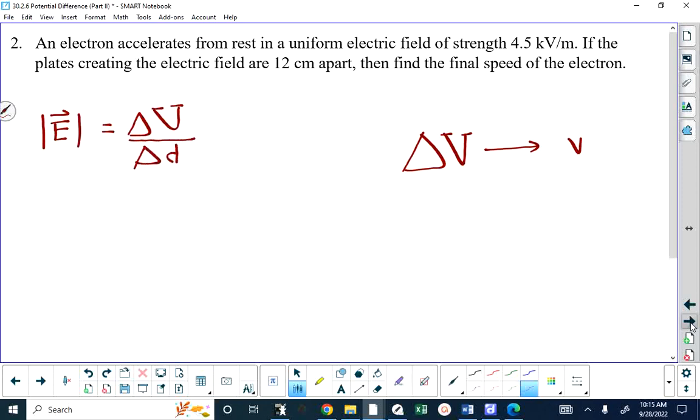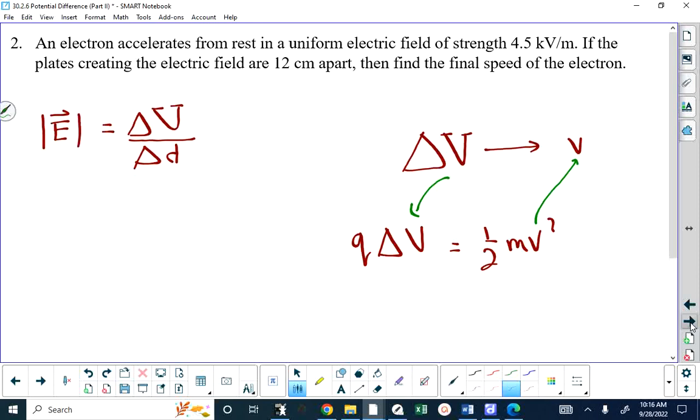If you know the electric field strength and the distance, you can multiply those two things together to get the voltage. And if you know the voltage, then you're going to do the Q delta V equals 1/2 mv squared, so that you can put the voltage in to get out the speed.